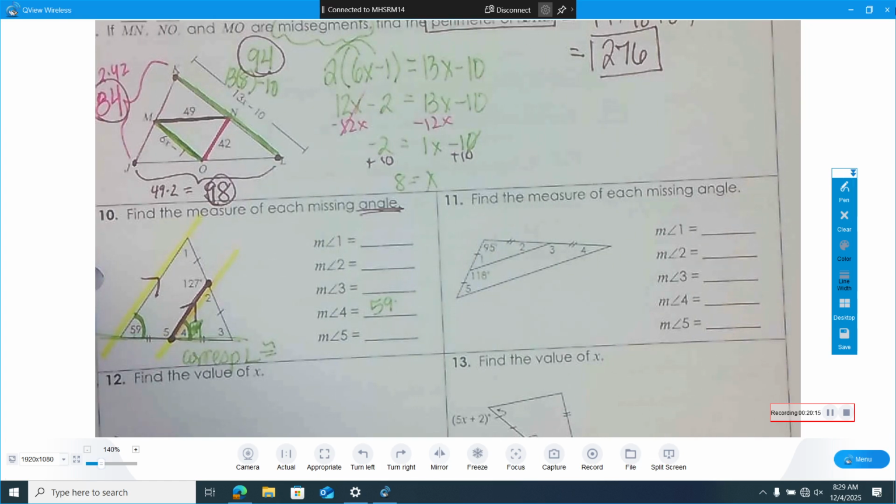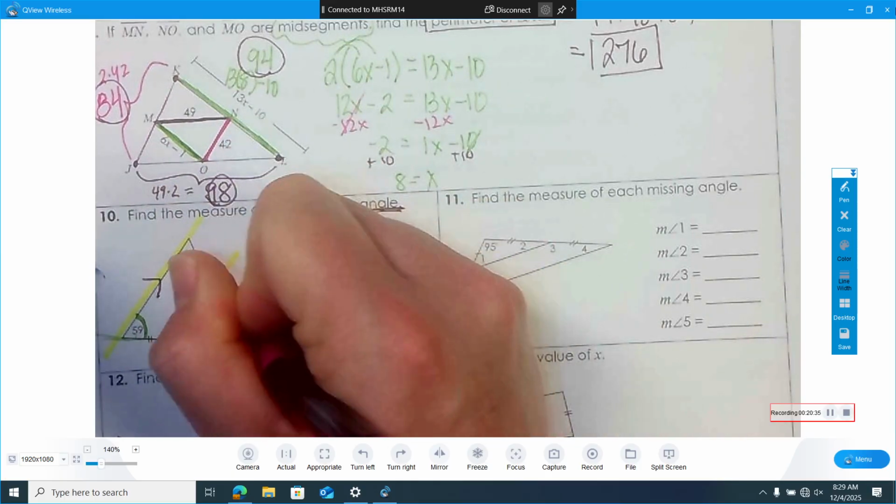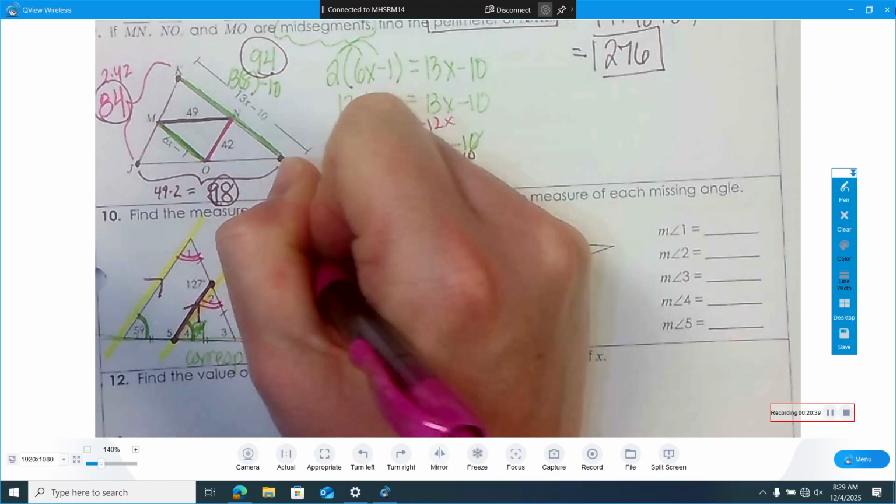Could you just reference angle 2 as 180 minus? Yes. But there's another pair of corresponding angles: 1 and 2. Angle 1 and angle 2 are also corresponding.